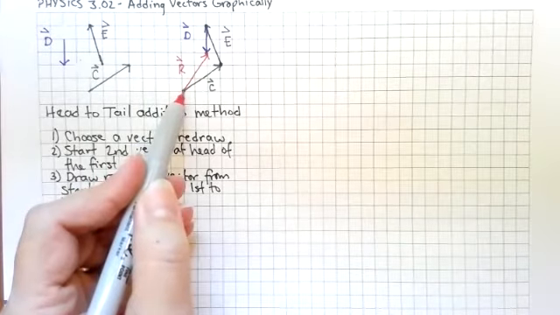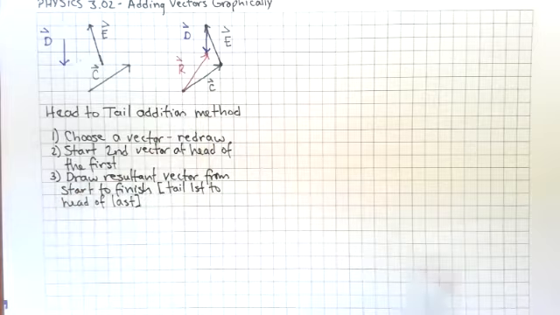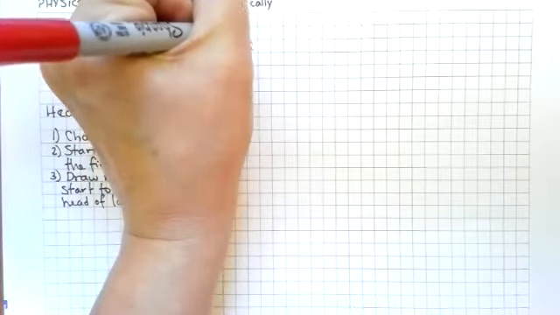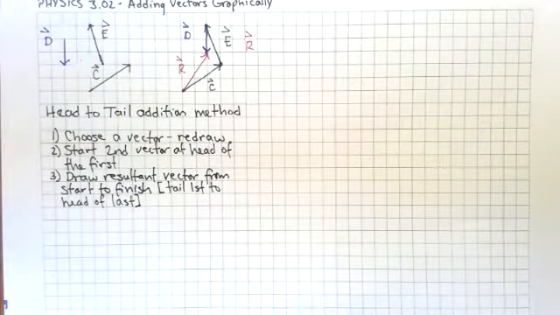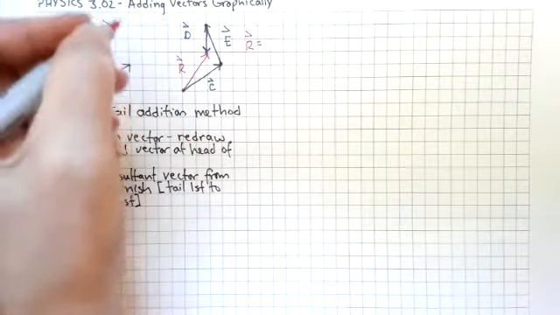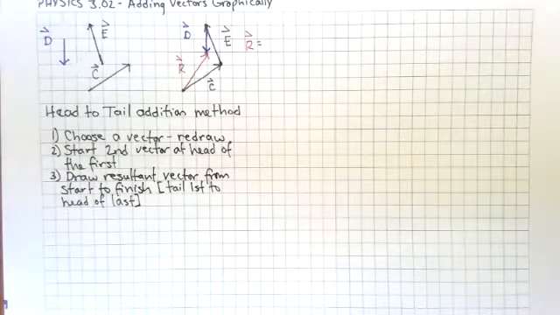If I look at this resultant vector, I'm going 2 blocks over and 3 blocks up. So if I wanted to write R in unit vector notation, we're going to say that traditional coordinate systems apply, left is positive and up is positive.